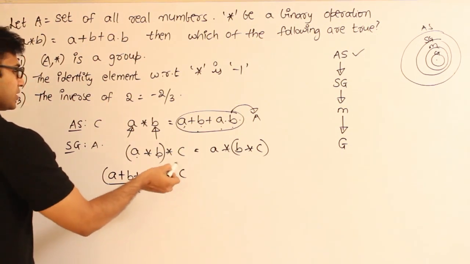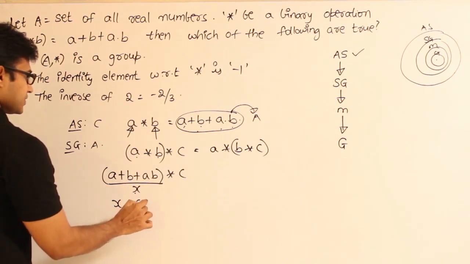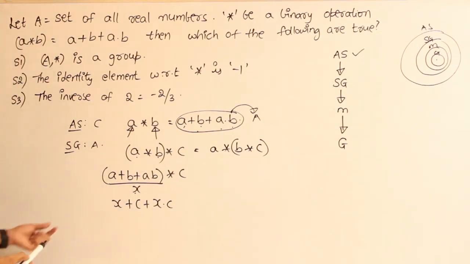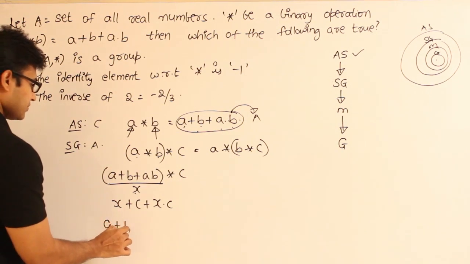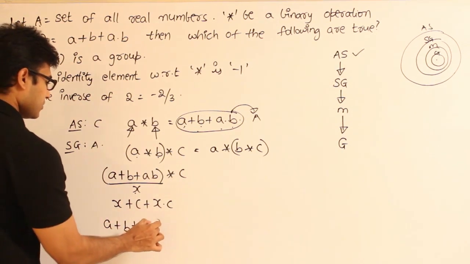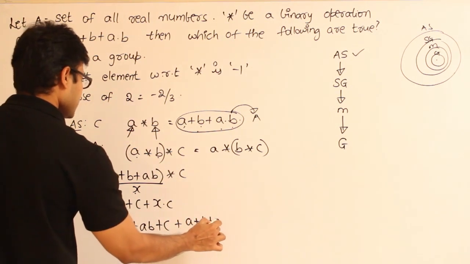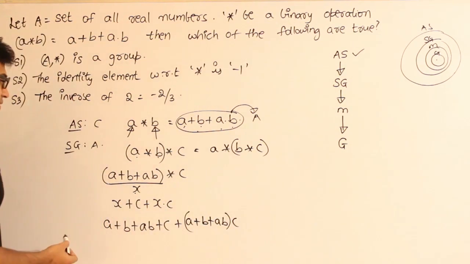Now what is the expansion for x star c? Then it should be x plus c plus x into c, isn't it? Now in place of x, just substitute this. It is going to be a plus b plus ab plus c plus a plus b plus ab into c, right? That is the left hand side.